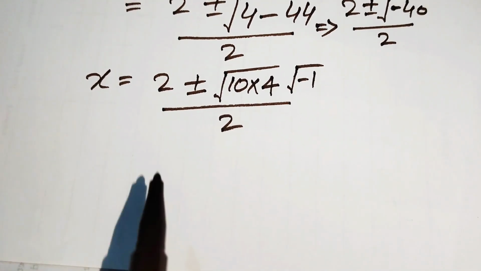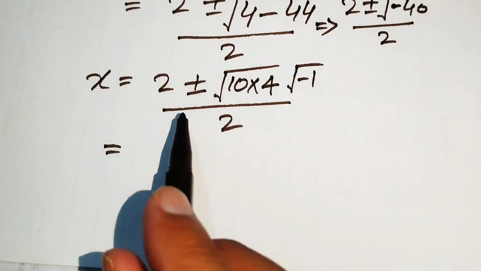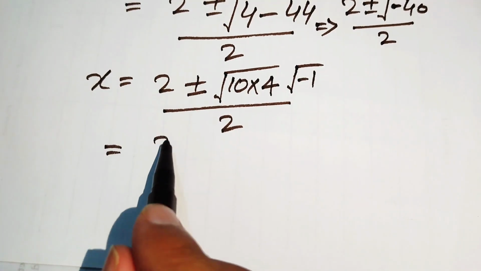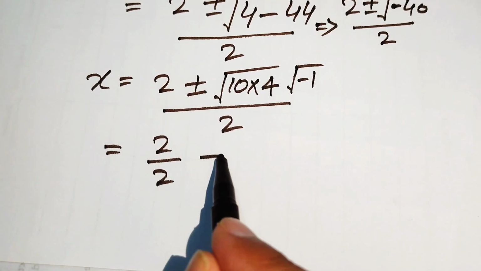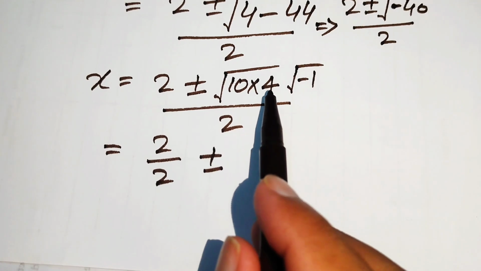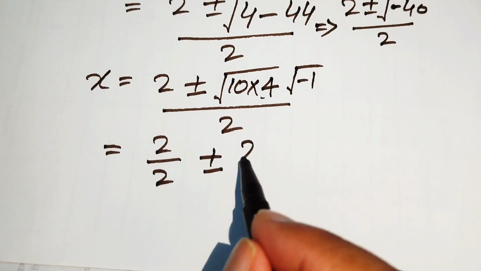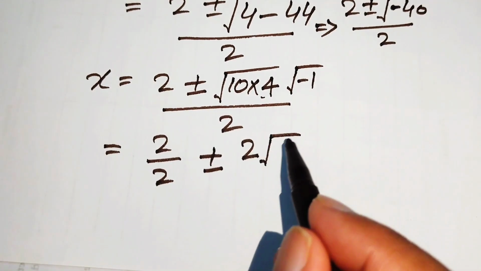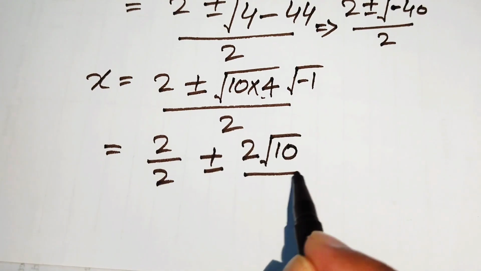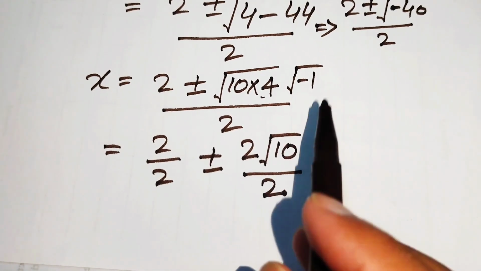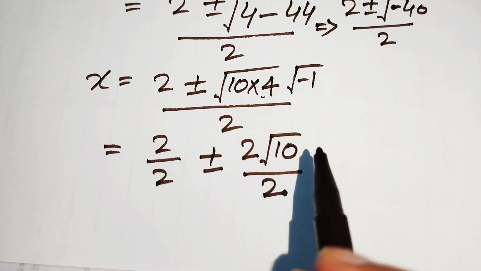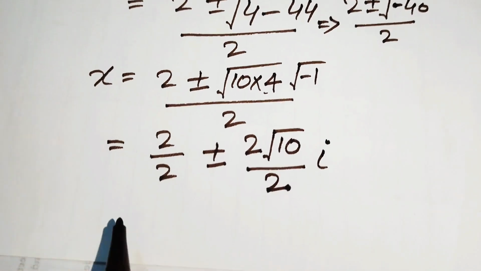Now in the next step we first separate this fraction and it will be written as 2 over 2 plus minus. Here you see that the square root of 4 is 2 and the square root of 10 is square root of 10, divided by 2. And here we know that square root of minus 1 is iota.